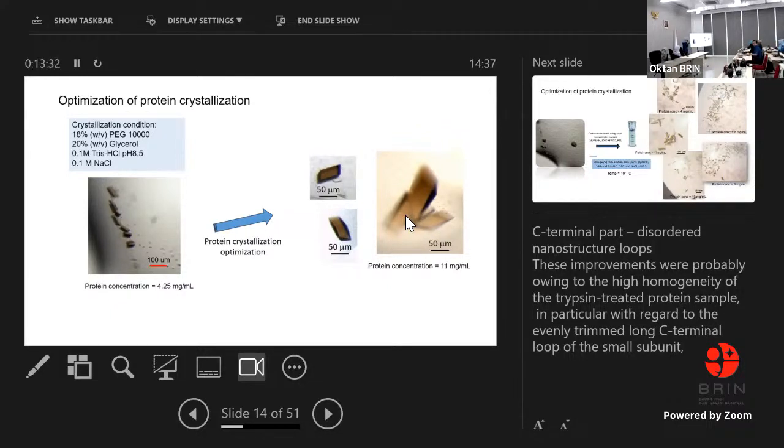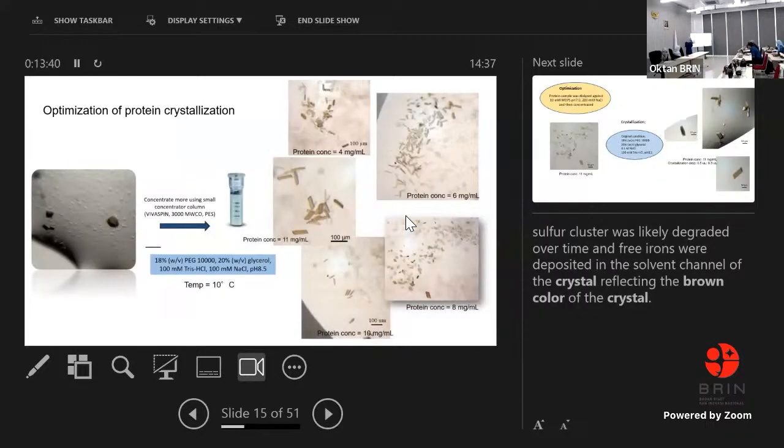So we try to increase the protein concentration and see the results, what is the effect of protein concentration on the formation of the crystal.